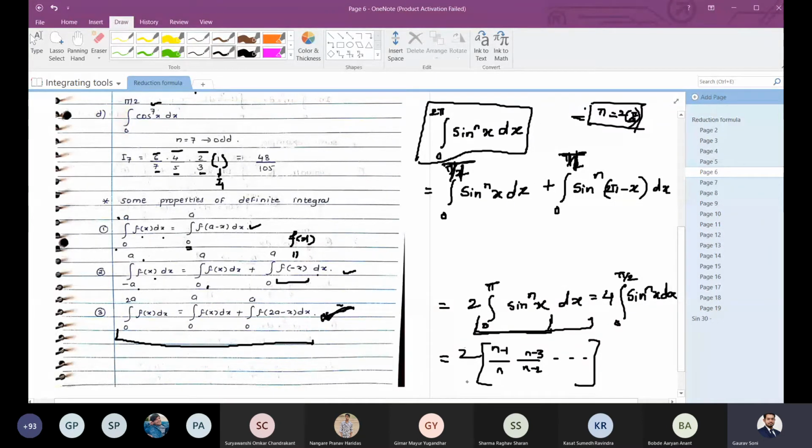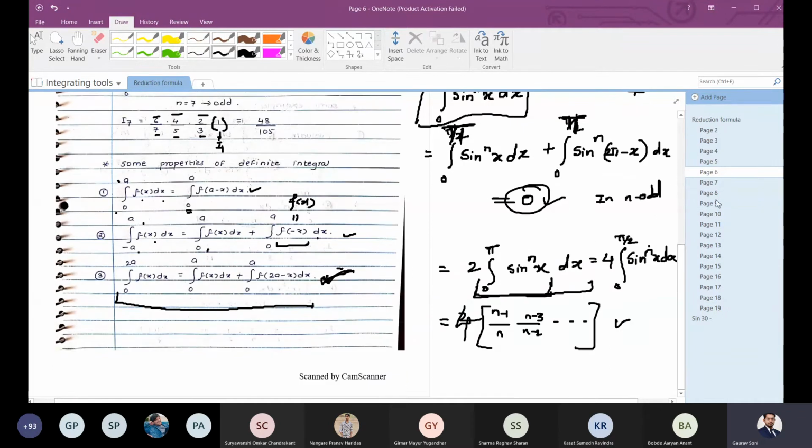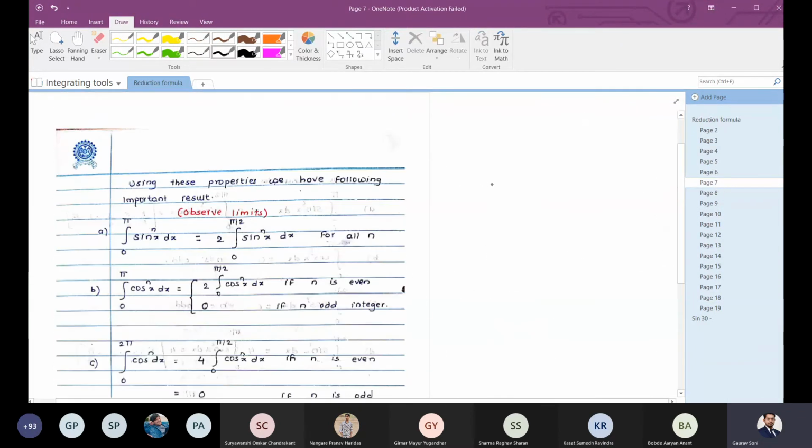So 4 times this formula if n is even. Note that if n is odd, then the answer will directly turn out to be 0.